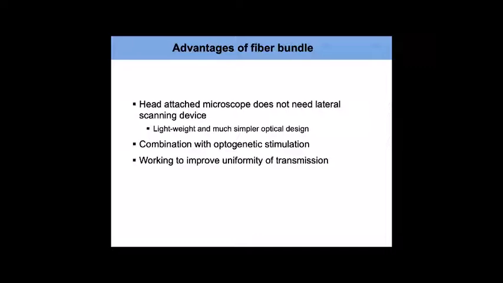And then one of the other advantages is that you could potentially use the same device to do optogenetic stimulation. So you can actually illuminate different fiber regions and do stimulation. So again, I think these are really interesting advantages, and finding ways to improve uniformity of our transmission is important.